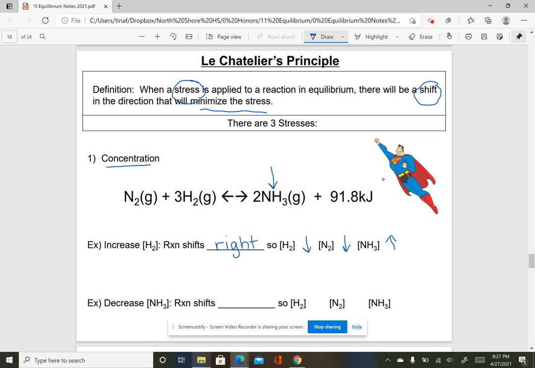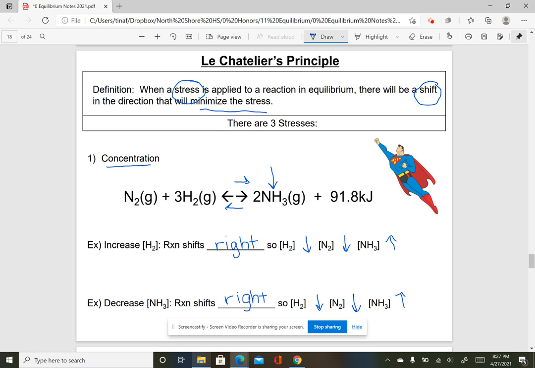So which way, to the right or to the left, is going to make ammonia go back up? What do you think? Right. If I go to the right, that means I'm doing the forward reaction. I'm taking N2 and H2 and turning them into ammonia, meaning my ammonia will go up and my reactants will go down.